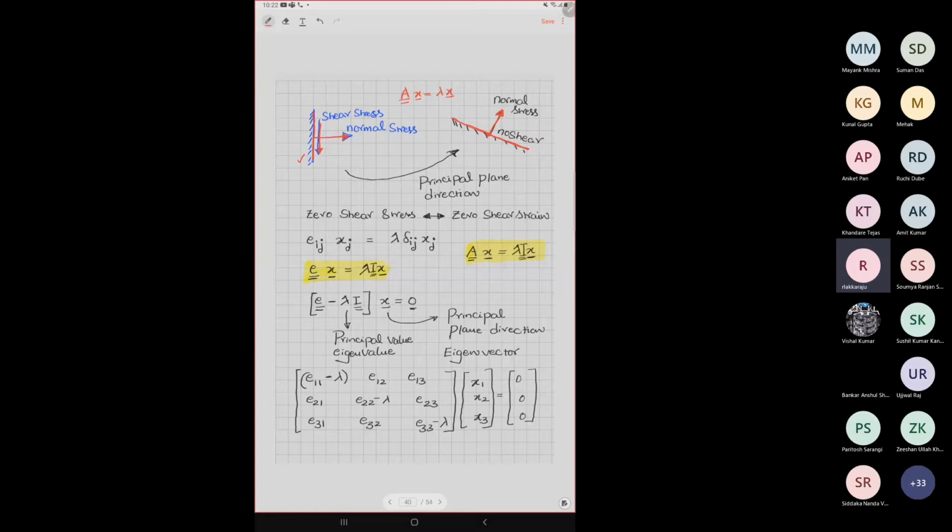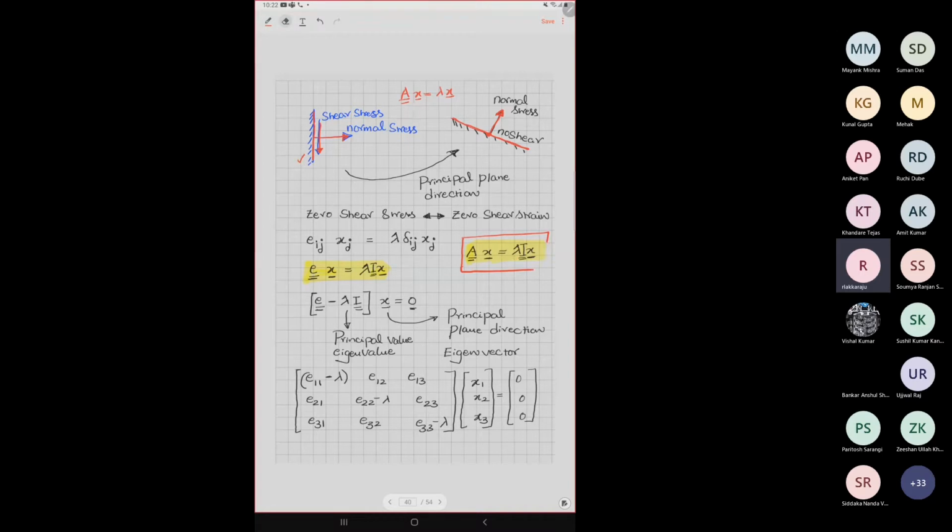Mathematically, the easiest way to write is Ax = λIx. Lambda is a scalar, I is an identity matrix, X is your vector, X is your vectorial direction, the plane direction, and what is the rotation required on the plane so that I will see only normal stresses but no shear stresses. So the theory goes in this way.